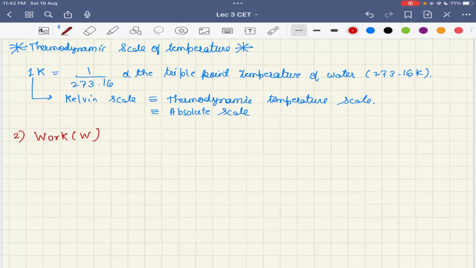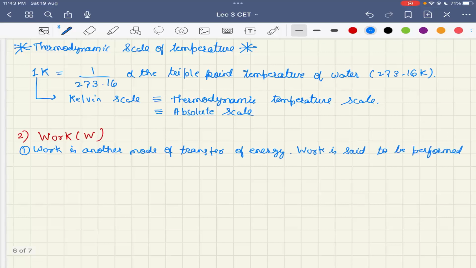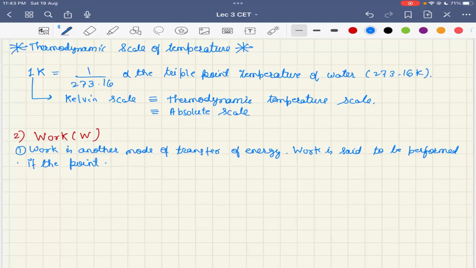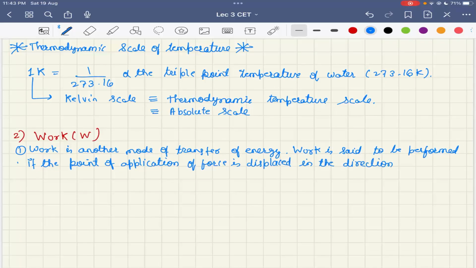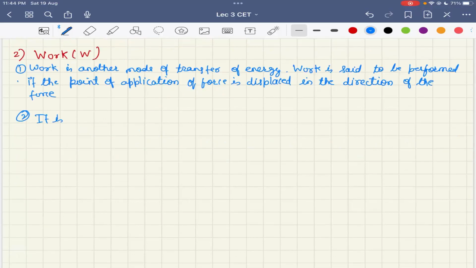Right? So let us write this down: work is another mode of transfer of energy. Work is said to be performed if the point of application of force is displaced in the direction of the force. It is equal to the force multiplied by the displacement.